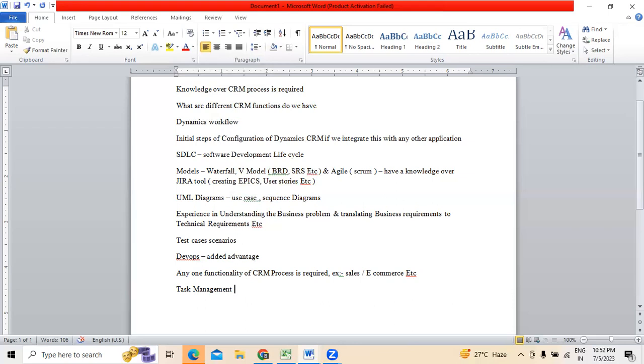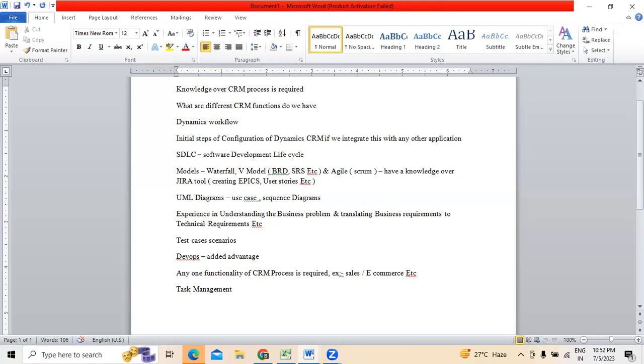wherein for the task, how we are translating it into the workflow. Workflow is a process which explains the working condition of a particular business functionality. This is what we generally mean by workflow. So knowledge of workflows and the workflow process is also required.